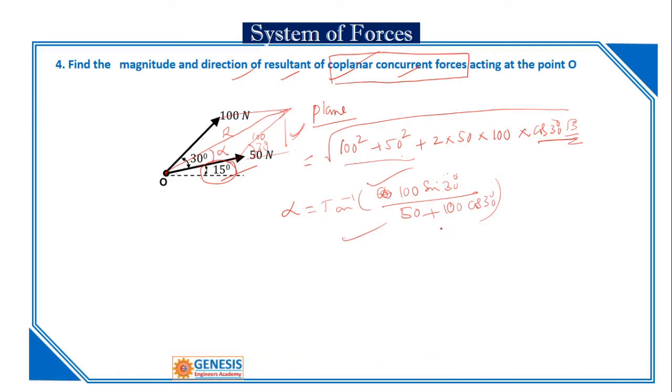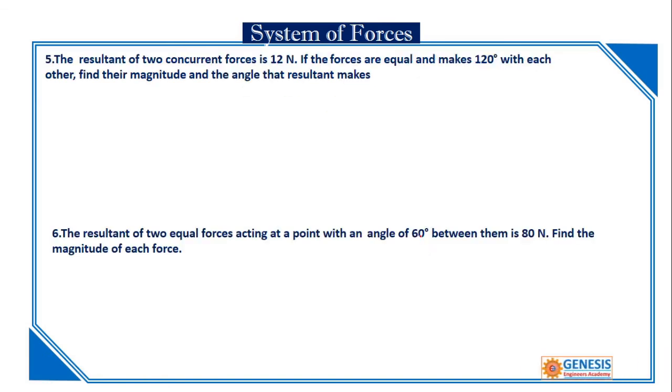Okay, so now in the fifth case, the resultant of two concurrent forces is 12, if the two forces are equal and make an angle 120. So what do you get? R is equal to 12, the resultant of the two forces.